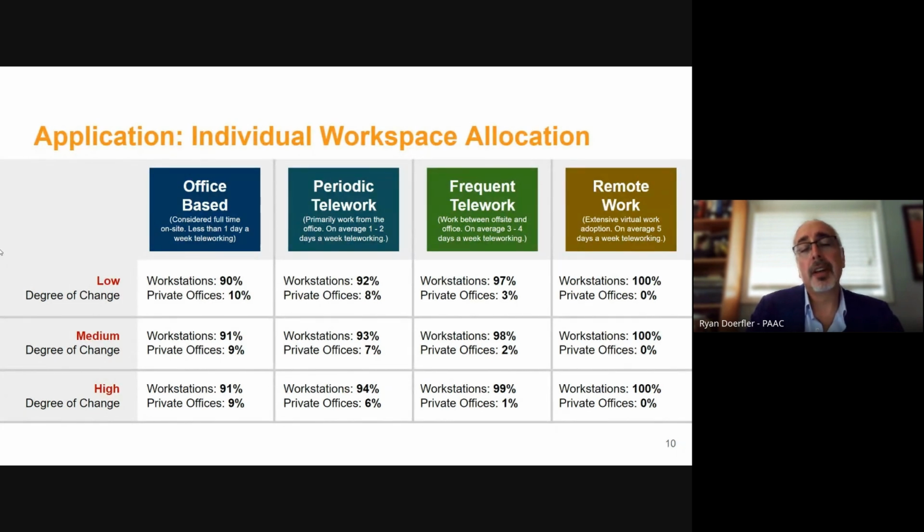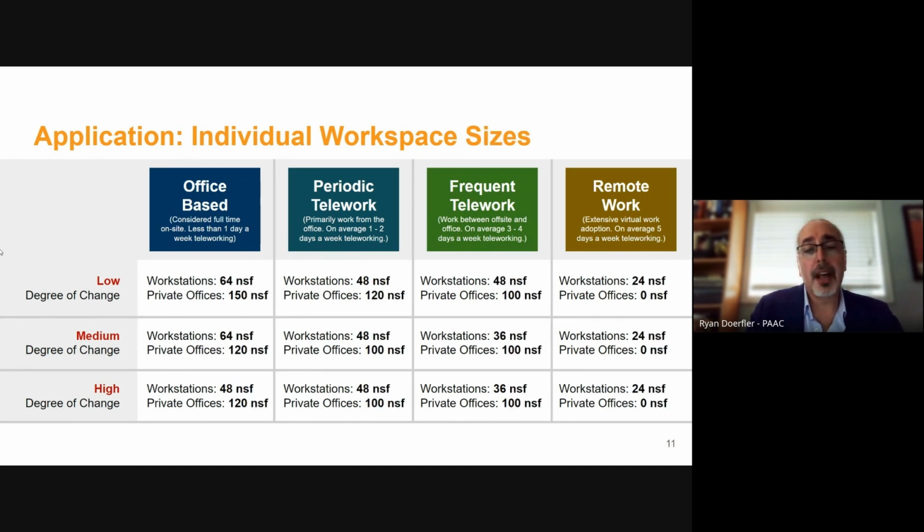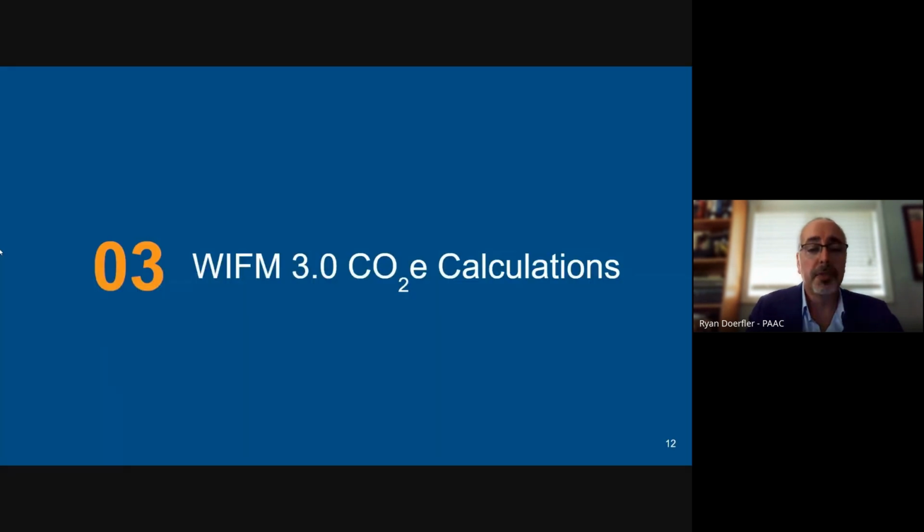In this instance, it's for the allocation of individual workspaces, again, workstations and private offices, or maybe even individual workstation sizes that are used for the detailed calculations to build up that scenario, if you will. And these can all be customized. Everything here can be changed to whatever the project needs or the client or your own personal preferences.